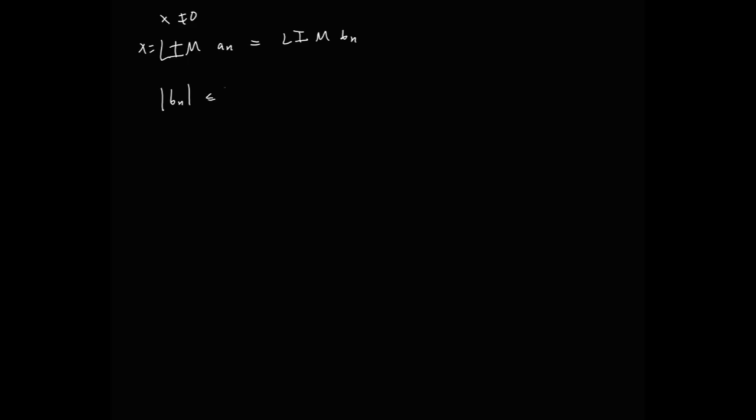What does this mean? Well, b_n is greater than epsilon for some epsilon. What also does this mean? We know that there exists some m such that b_n minus b_m is less than epsilon. We can also do less than epsilon over 2.